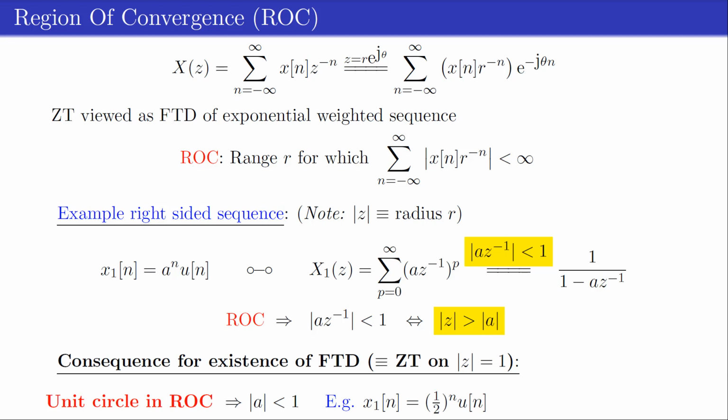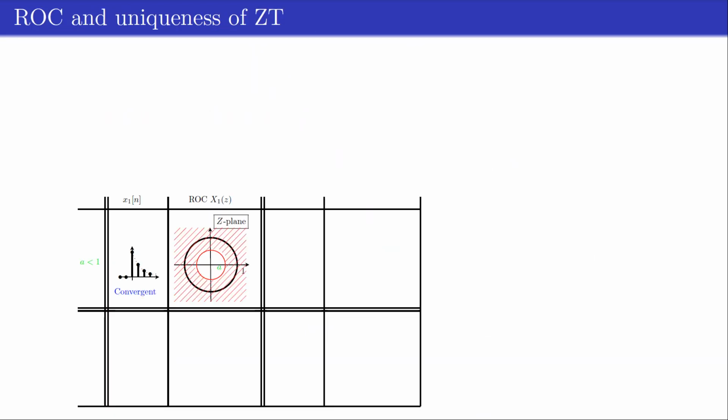For example, the FTD of the converging sequence x1[n] is (1/2) to the power n u[n] exists, while the FTD of the diverging sequence x1[n] is 2 to the power n u[n] does not exist. This table indicates the region of convergence of a right-sided convergent and divergent sequence by shading the appropriate region of the z-plane.